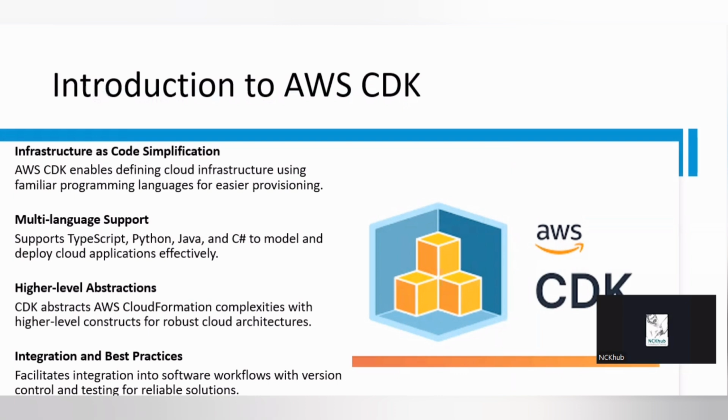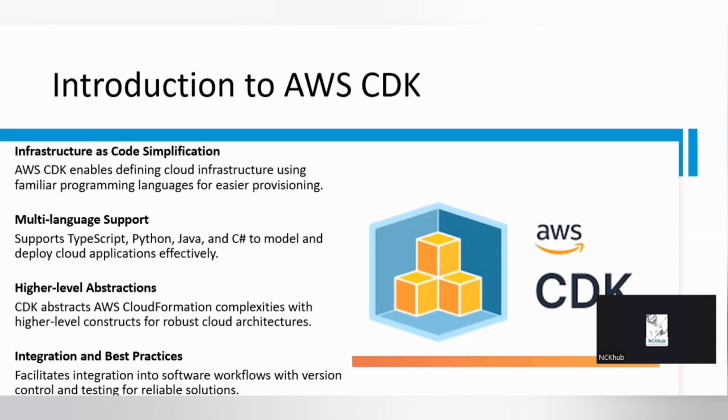So in today's session, we are going to have an introduction to CDK. As I said, CDK provides multi-language definition of cloud infrastructure, which are TypeScript, Python, Java, C#, and others. By deploying these, we can create a cloud stack directly. That CloudFormation stack will deploy the infrastructure.